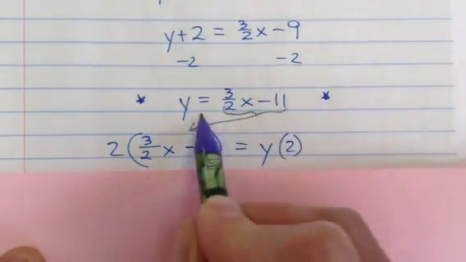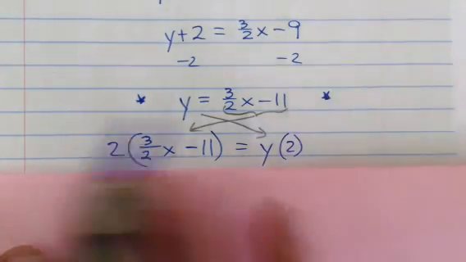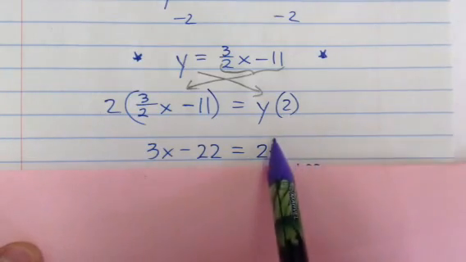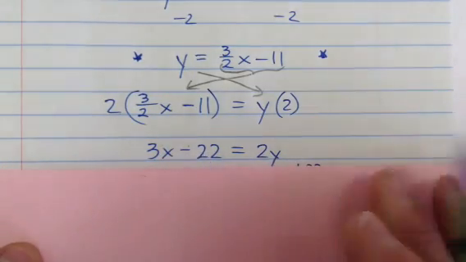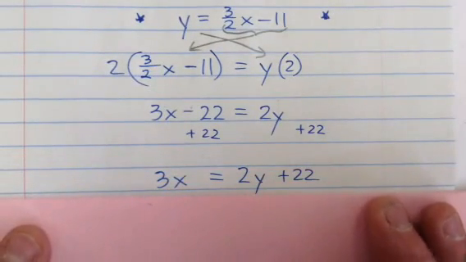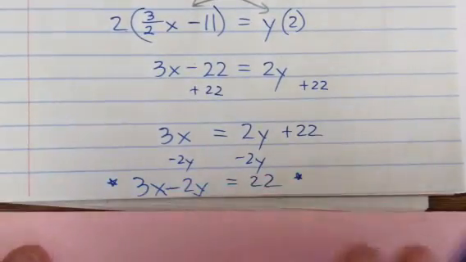I just switched sides so that the x would already be there. You don't have to. I still multiply everything by 2. Okay, and now I need to move the y over here, and I need to move the x, minus 22 to the other side. So I'll move my 22 with addition, and now I'll move my 2y with subtraction, and there we go.